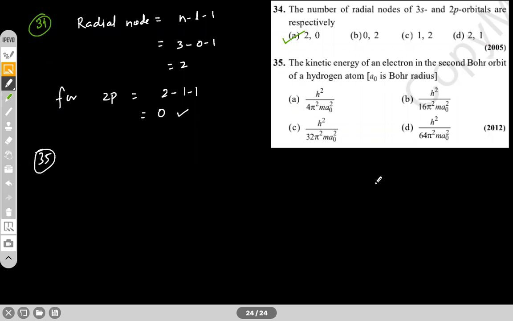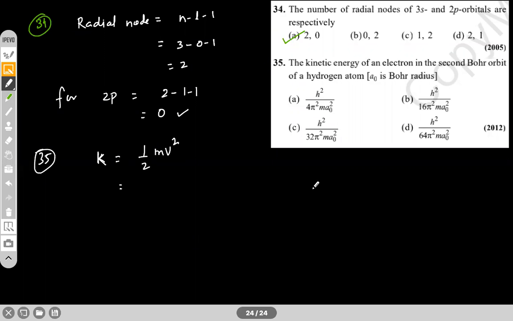The kinetic energy of an electron in the second Bohr orbit of a hydrogen atom. Okay, so kinetic energy is half mv square, and the value of v, in terms of h, we need to find out. If you do not memorize this, you can easily derive this, right?